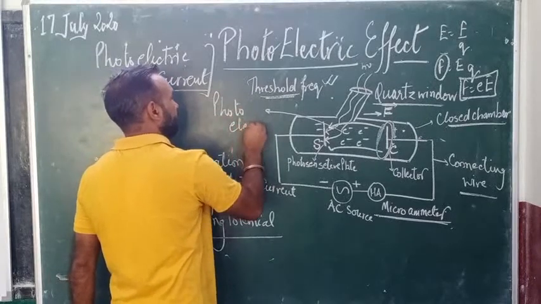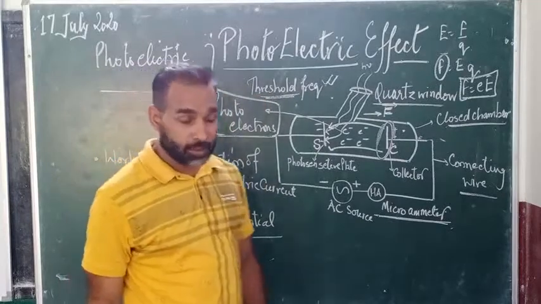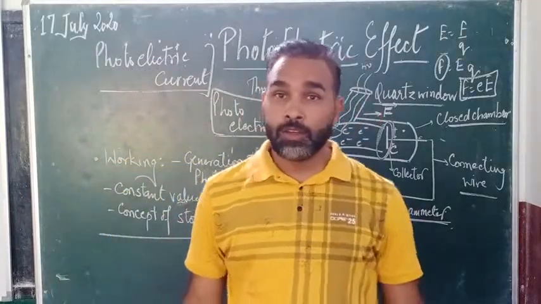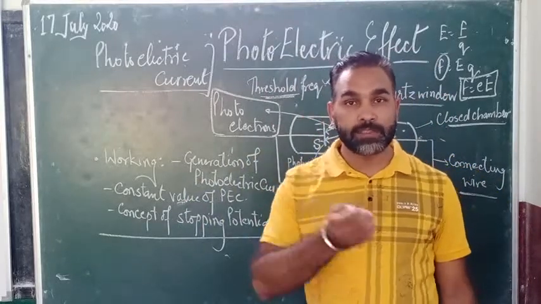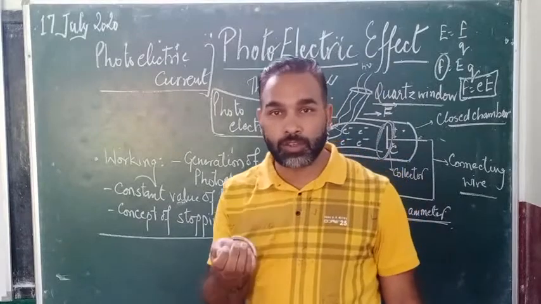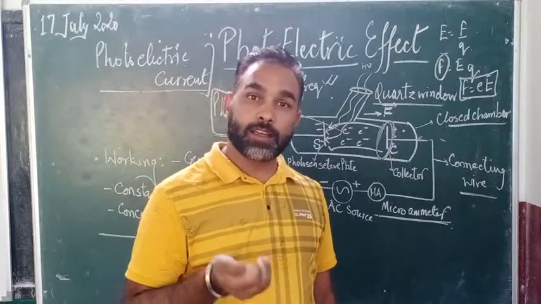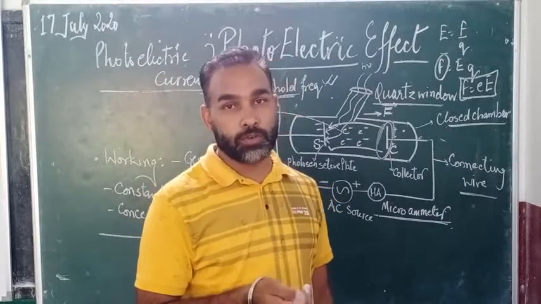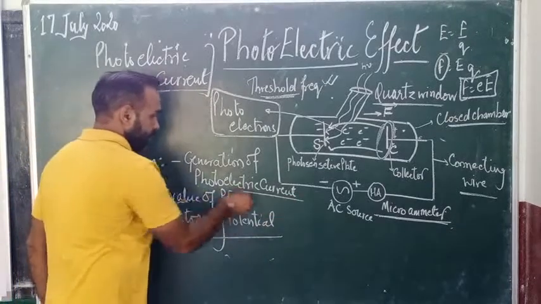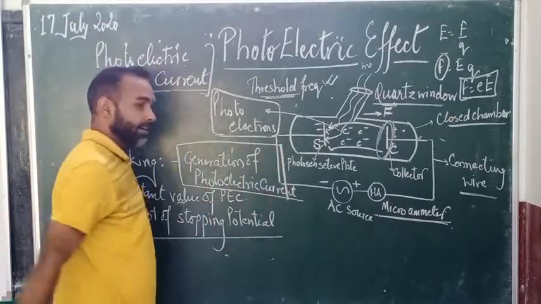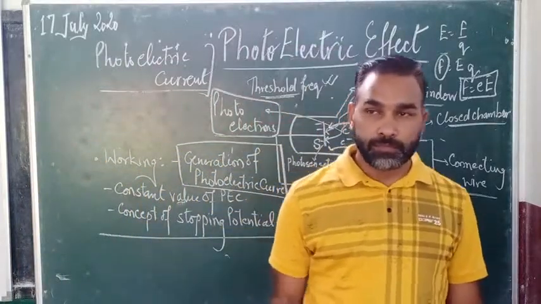They are called photoelectrons because they are emitted because of light, and photo relates to light. So electrons emitted because of light are known as photoelectrons, and the current that flows because of these photoelectrons is known as photoelectric current. So first is the generation of photoelectric current. This is how the photoelectric current is generated.